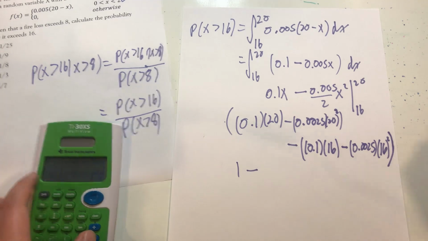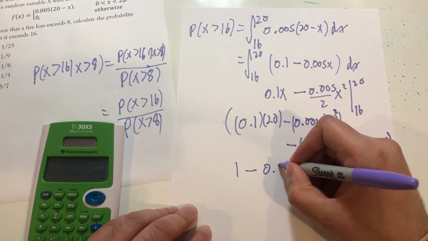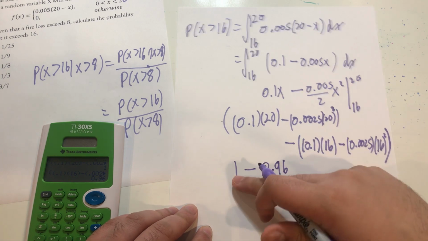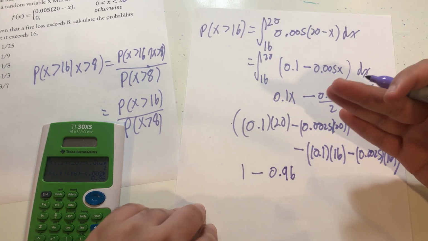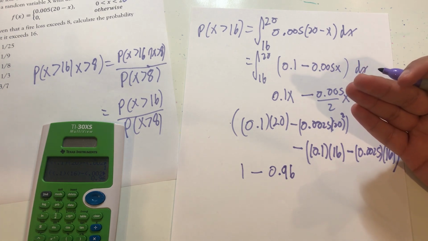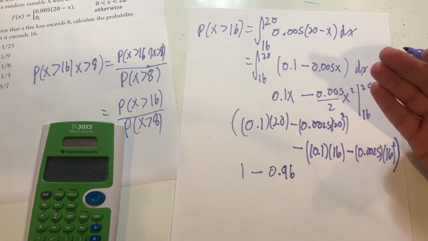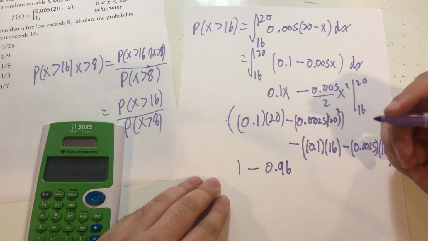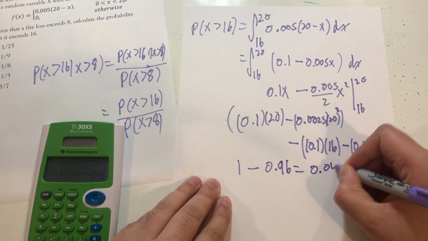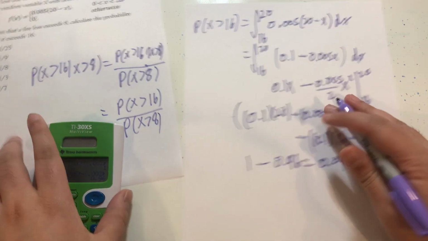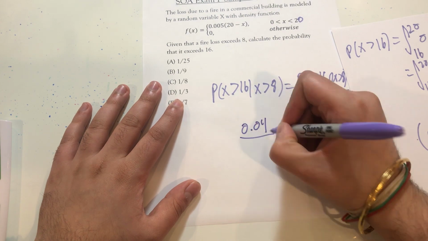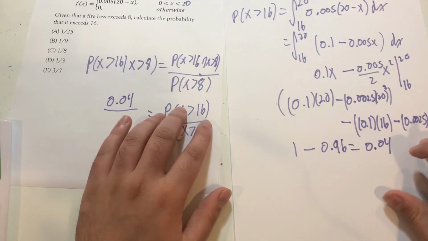And that ends up being 0.96. Okay, and the fact that this is 1 should make sense if you're familiar with how using a PDF to get a probability works. So this is going to be equal to 0.04, and that's our numerator. And I'll just put that here, 0.04.